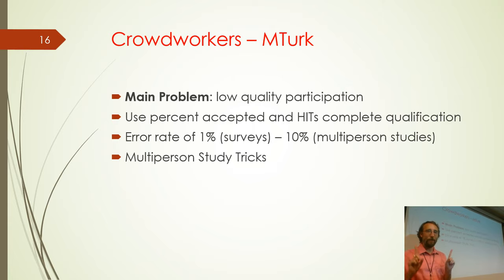So yes, I will say that most of my experience is with Mechanical Turk, and most of these rules of thumb have to do with Mechanical Turk. Again, the main problem with Mechanical Turk is the low quality participation, which is not to say that all Turkers produce low quality data. It's not the case. I think in my experience, it's anywhere between 1 and 10% of HITs, depending on the kind of study that we're doing. So the vast majority of Turkers are really willing to give you really good data and are working in good faith.